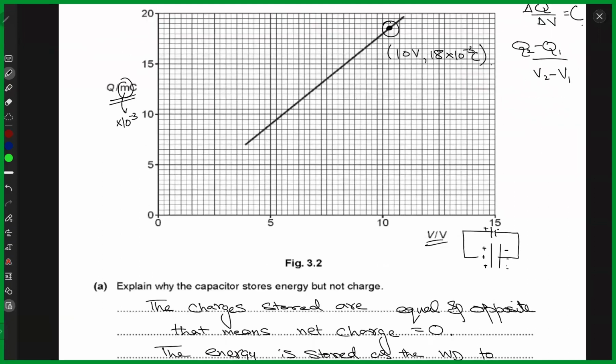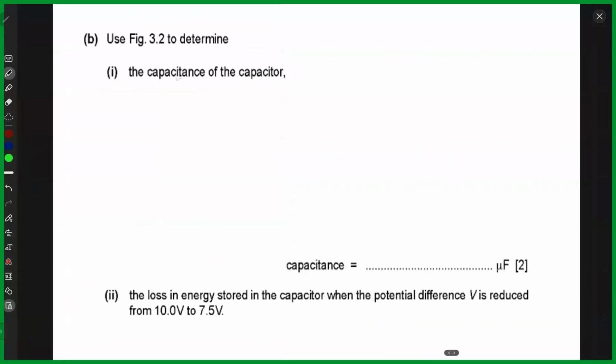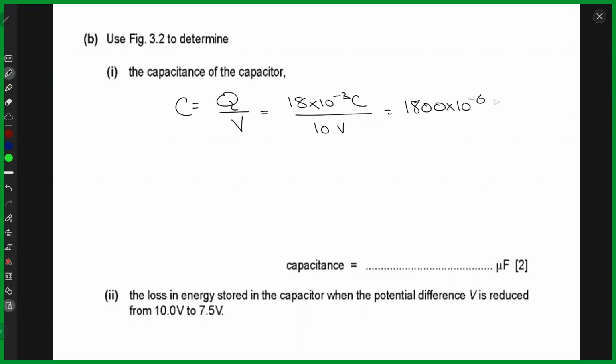Now it's just a matter of using this equation that capacitance is charge divided by voltage. So as we saw, the charge is 18 into 10 raised to power minus 3 coulombs divided by 10 volts. And this would give you 1800 into 10 raised to power minus 6 farads.